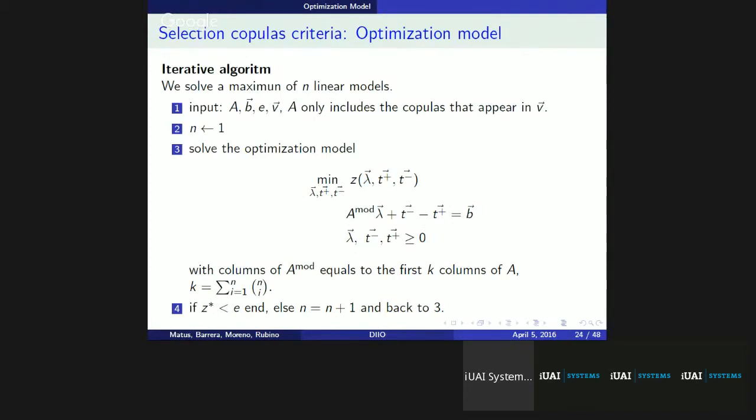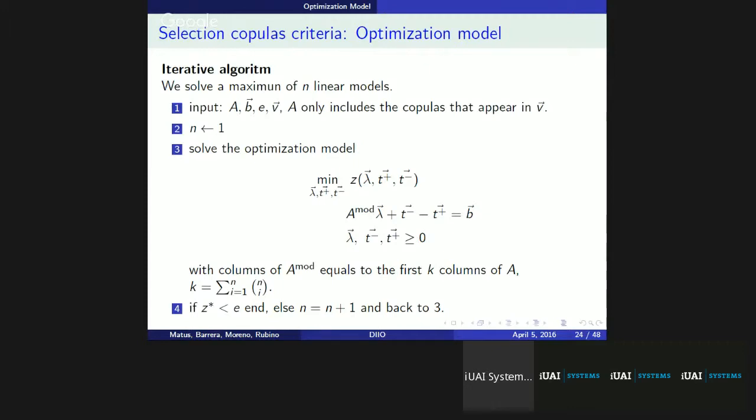A only includes copulas that appear in B because B is the criteria of the distance between components. And I start with n equals 1.